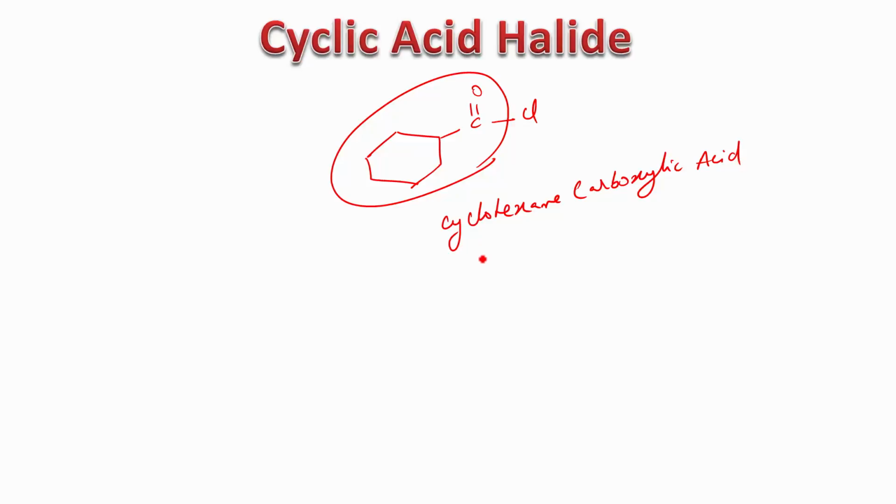So now what we're going to do is we're going to call it cyclohexane carbonyl, and in this case it is Cl, chloride. Cyclohexane, there's no space here, cyclohexane carbonyl chloride.